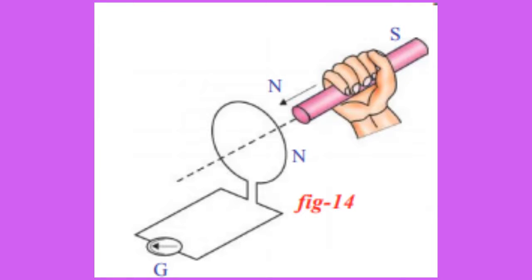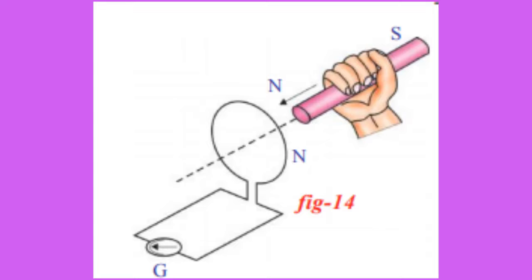Now take away that bar magnet from the coil, then we can observe a deflection in the galvanometer in the opposite direction. Just observe that when the bar magnet is brought near to the coil, there is a deflection.